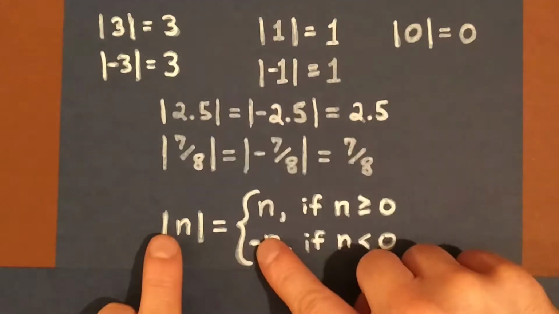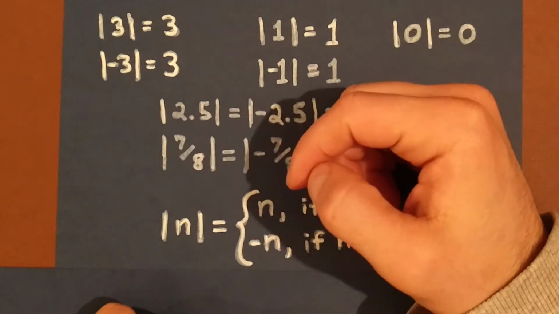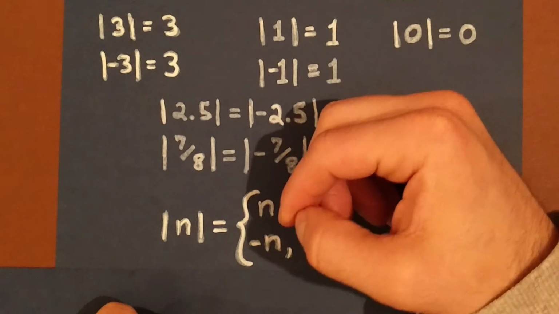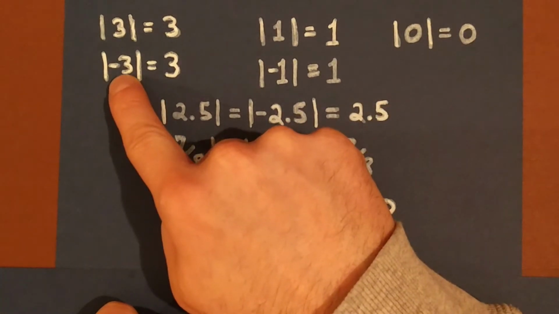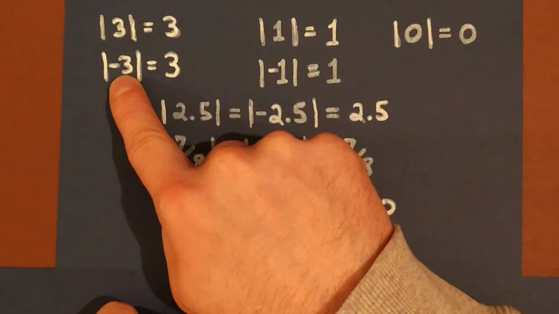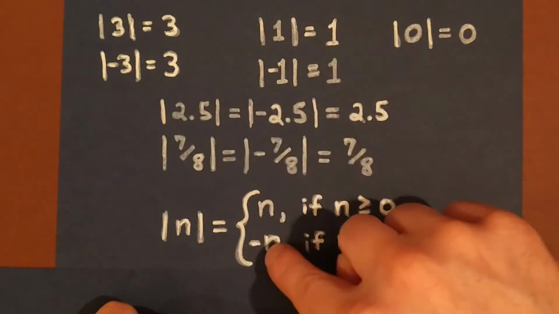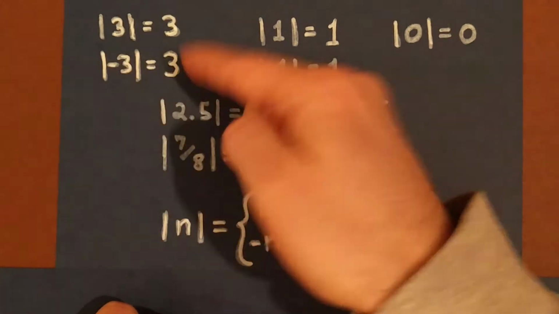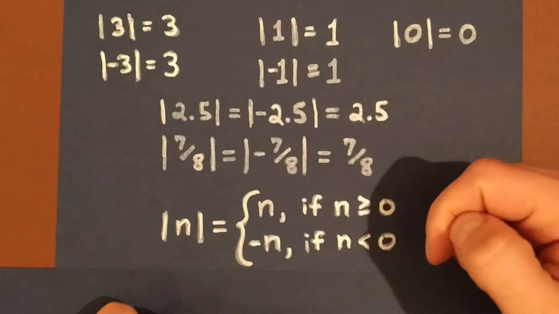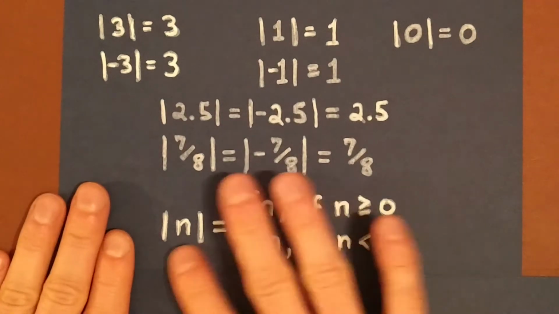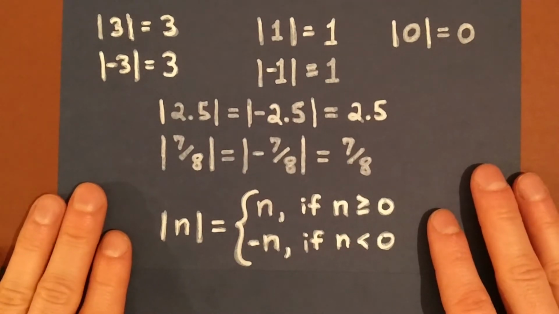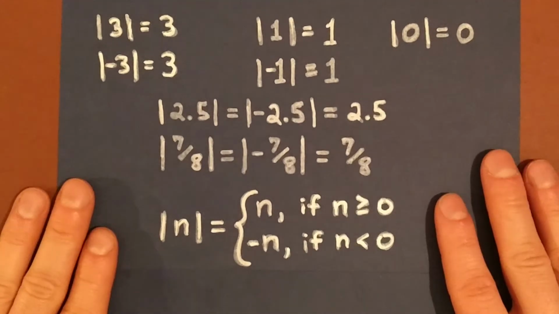It's the negative of that number, or the opposite, you might say. So the number inside here is -3. So what's the absolute value? It's the negative of this number, which means the positive. This is the formal definition for absolute values of real numbers.